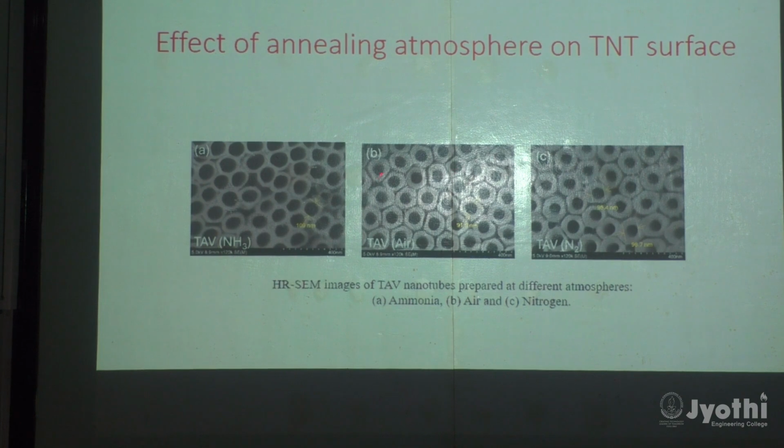The second one has fairly uniform sized nanotubes, no defects. Here you see some defect here, some defect here, so it's not exactly uniform size. With ammonia, we find that here and there you see defects. If you ask with respect to photocatalytic activity, is something with defects a better catalyst, or the one which has a very regular structure?